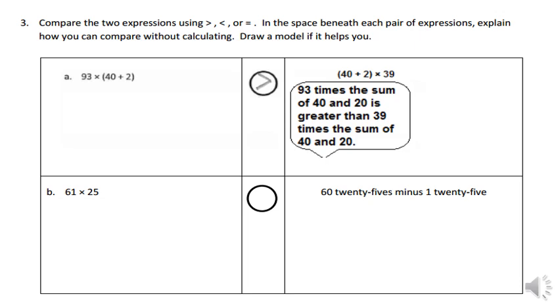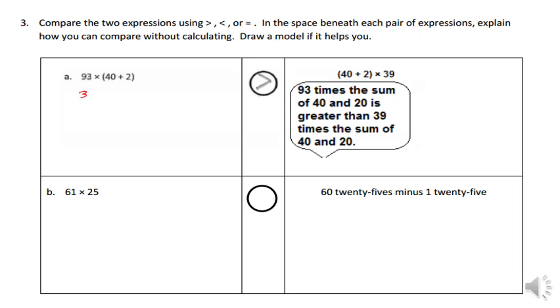I'm going to go ahead and go over A here for you. Now, if you notice over to the right, they've done this, and they said it's 93 times the sum of 40 and 20 is greater than 39 times the sum of 49 and 20. Now, when I'm comparing these, I rewrite them the same way, because remember, according to our commutative property, it doesn't matter which way we swap these around.